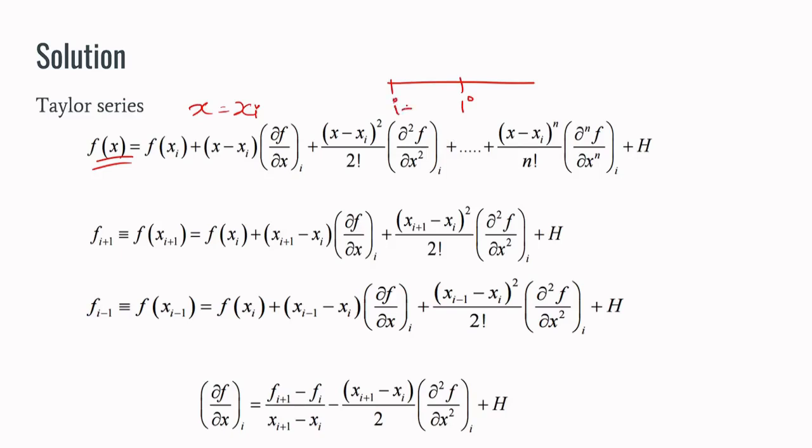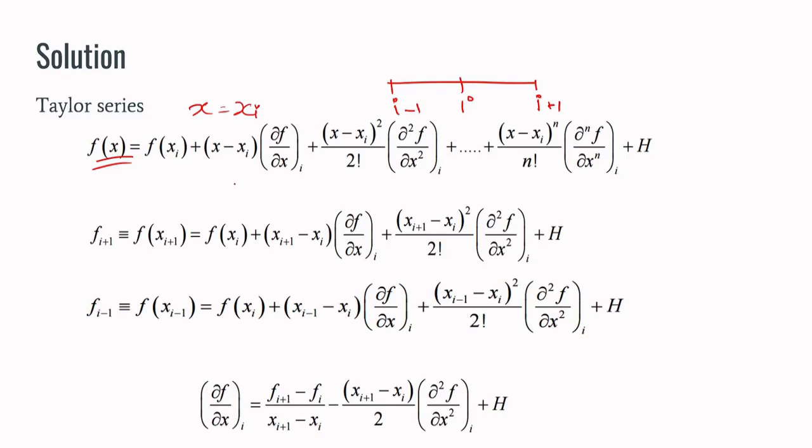This is i plus one, and oh sorry, this is i minus one. Since it is a backward point, it's i minus one. This is i plus one. So this is a 3 point stencil. Consider these 3 points. For the first instance, let x is equal to xi.